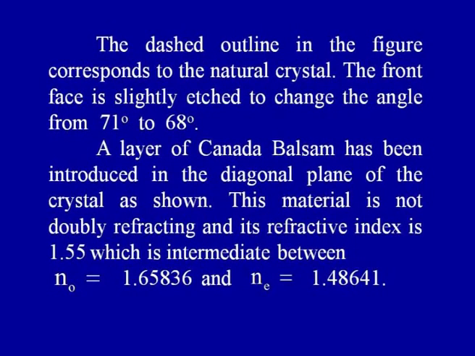This material is not doubly refracting, and its refractive index is 1.55, which is intermediate between the refractive index for the ordinary, which is 1.65836, and the refractive index for the extraordinary, which is 1.48641.